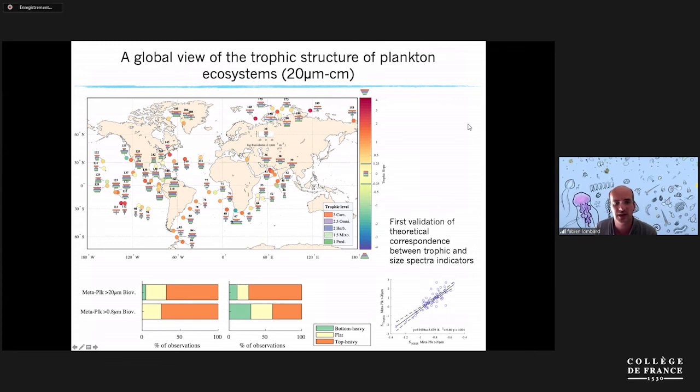The higher variability actually came from the base. So basically, we have a standing stock of predators that are there, and whether the pyramids get top-heavy or not is mostly due to the variations of the base rather than the variations of the top.